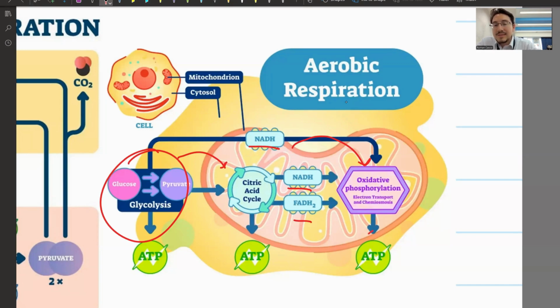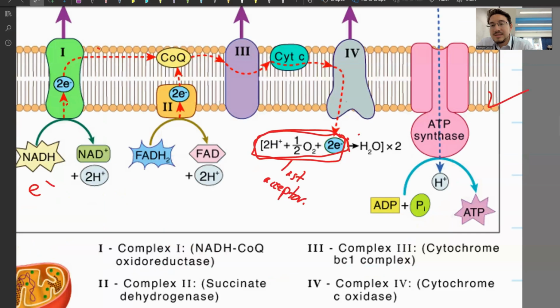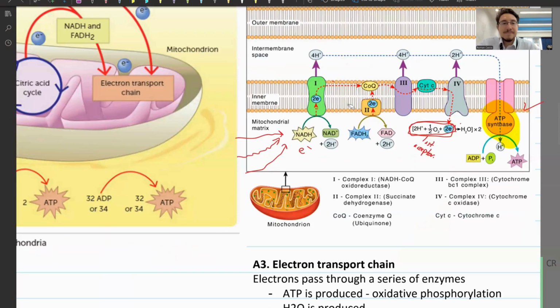And here's where you get the biggest amount of ATP production from this molecule called ATP synthase. All right, so make sure you memorize ATP synthase is where the majority of ATP is being produced, okay?